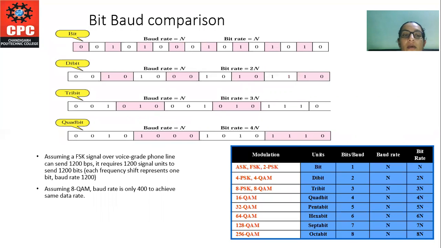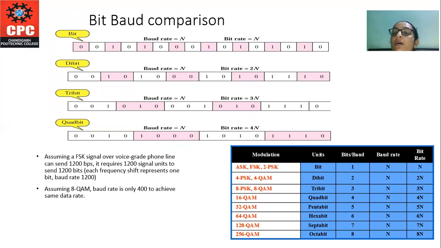It requires 1200 signal units to send 1200 bits, and each frequency shift represents a bit, and the baud is 1200. So assuming a QAM with k bits, the baud rate is only 400 to achieve the same data rate. Here in the table, you are able to see the modulation technique, units, bits per baud, baud rate, and bit rate also.